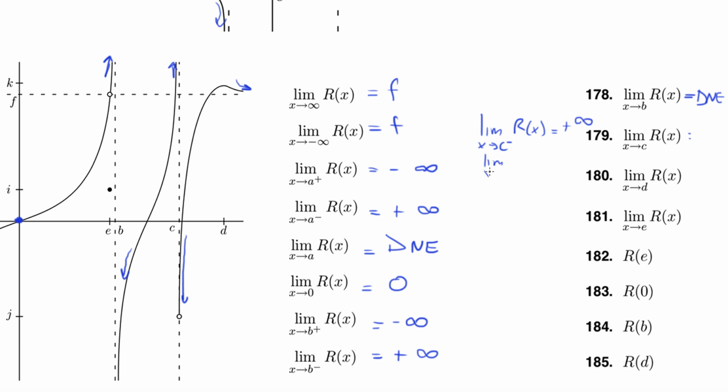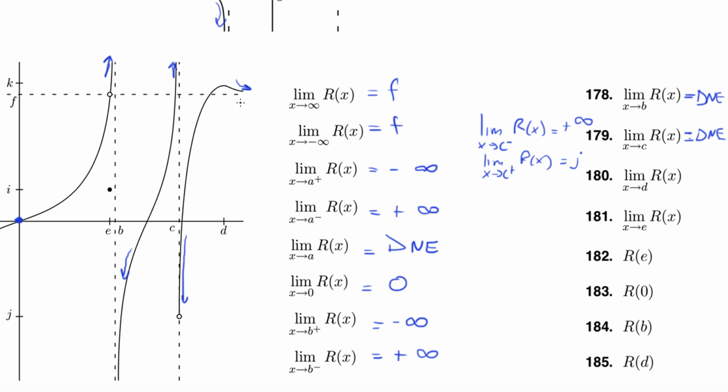From the right of c, it actually approaches J, okay? Even though there's an asymptote there, it actually approaches J. But since these two are not equal, again, does not exist.